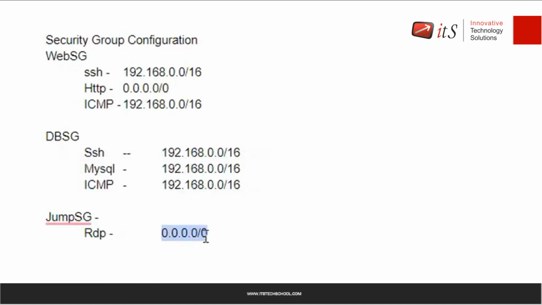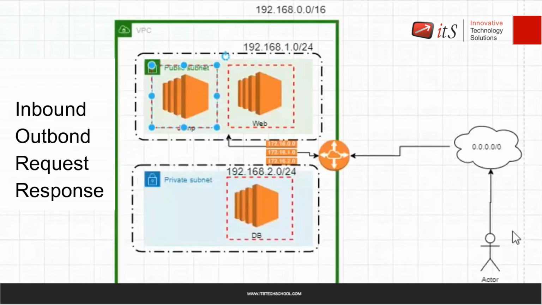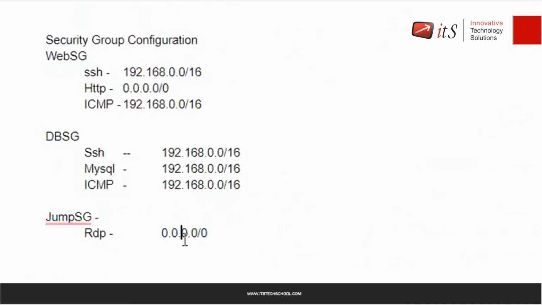For now, I'm just going to use 0.0.0.0/0 because I'm on a public network. Whenever you configure this in your corporate account, you will just allow your static public IP address. If you have static public IP addresses, you will allow only those particular addresses, not everything.